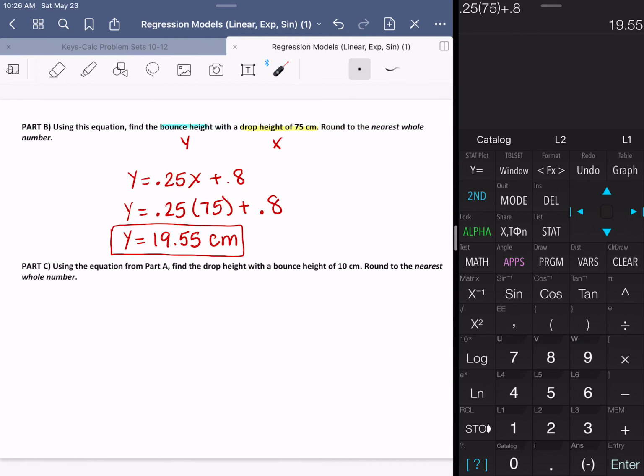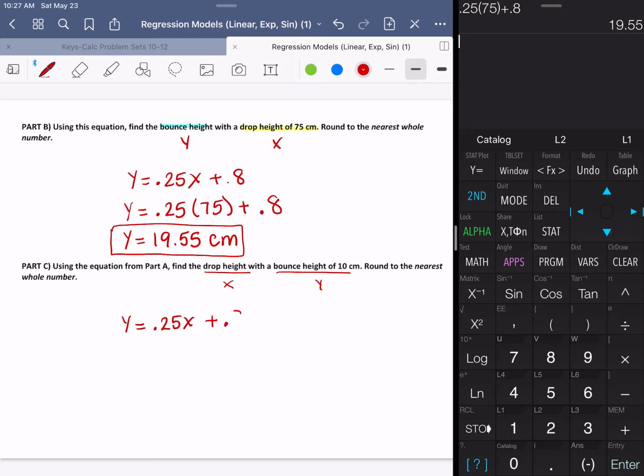Okay, let's try the last part. The last part says, using the equation from part A, find now the drop height. So the drop height is x, given a bounce height, y. I'm going to start by writing the equation again. Y equals 0.25x plus 0.8. And I have a y value of 10, and I want to find my x value.